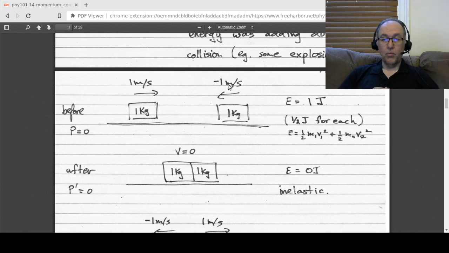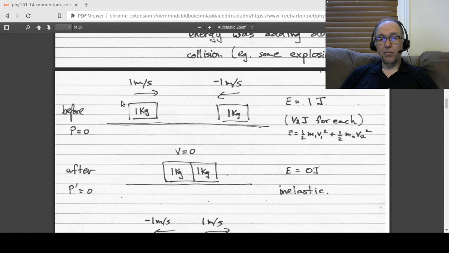And so if we say, well, what's the total momentum? m1v1 plus m2v2. What's m1v1? Well, that's 1 times 1. Great. So the momentum for this mass right here, where my cursor is, is 1 kilogram meter per second. Conversely, the momentum for this other mass here is negative 1 kilogram meter per second. 1 kilogram meter per second plus negative 1 kilogram meter per second is 0.